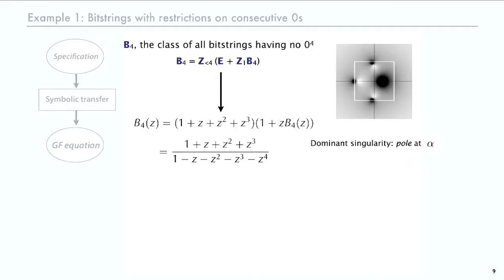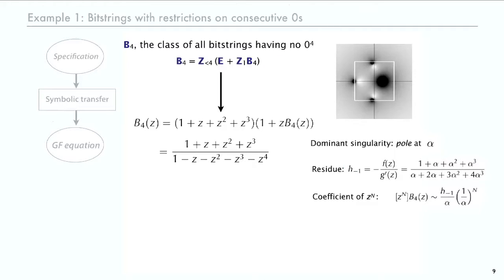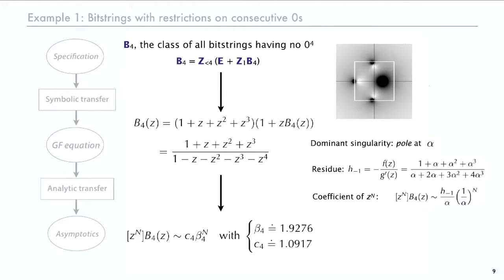So that's alpha, which we can calculate using a symbolic math system. Then we can go ahead and compute the residue, same as before, figure out what the coefficient is directly from the formula, and immediately with just a little bit of calculation, which again we can do with a symbolic math system, get a precise and accurate asymptotic formula for the coefficients.